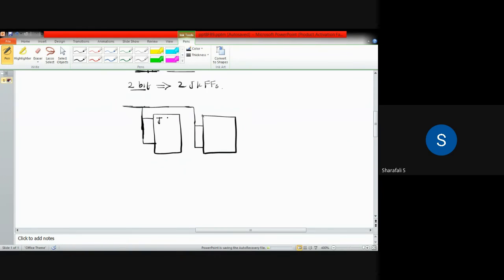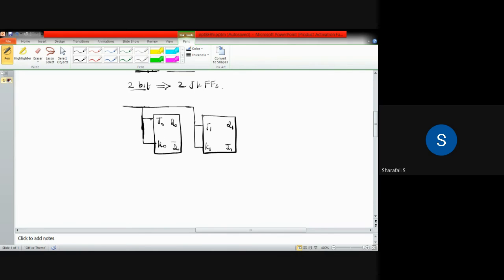This is J0, and here we have K0 for the first flip-flop. This is J1, K1. We have Q0 here, Q1 here, and we have Q0 bar and Q1 bar.